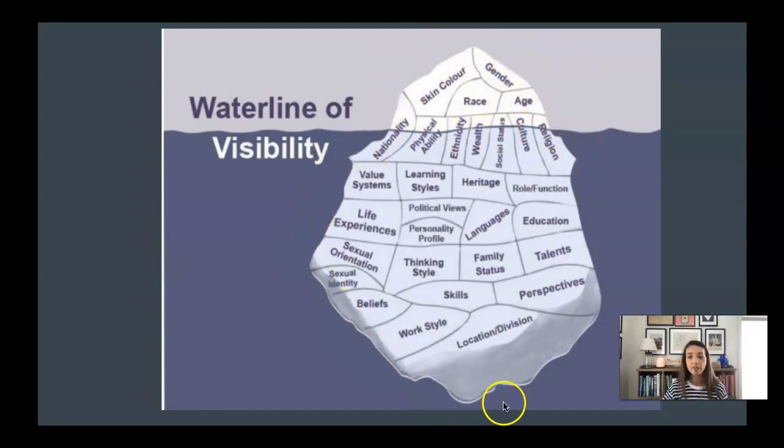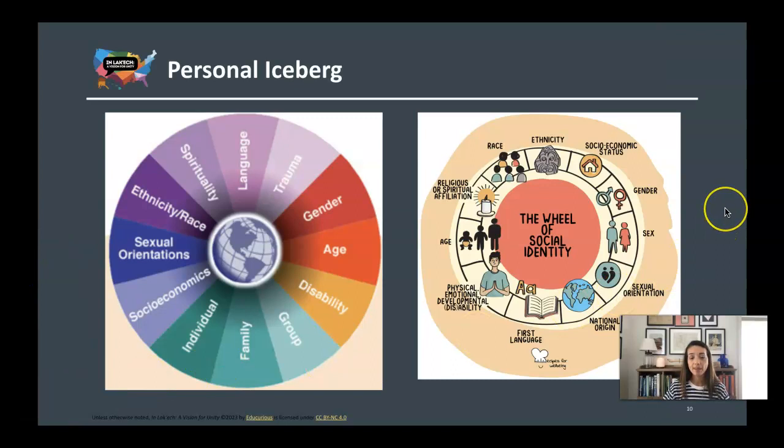And then everything else underneath is below that waterline. You can't necessarily see it, but they do make up a person's identity. Okay, and then I've got a few other graphics to help you begin understanding and constructing your own definition of personal identity.